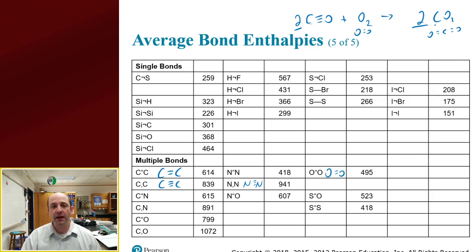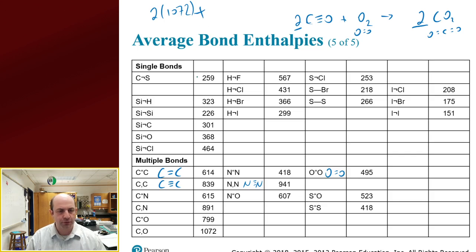And if we do that, this is Hess's law again, we can estimate the enthalpy change for that reaction. So to break the CO bonds, we find the CO triple bond, down here, 1072. So we have 2 times that. That energy has to go in.